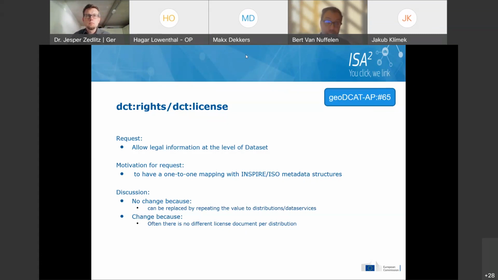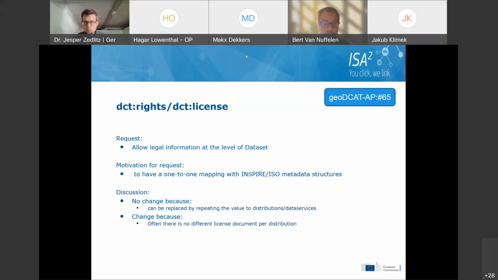So the question is, and I just want to feel the temperature because it can go to a lot of discussion either way: either we allow for it, and then we do the change to say we allow legal information as well at the level of datasets. Or we stay with the current practice of putting it at the most granular level, namely distribution, data service and catalog, where it has a concrete meaning, and the dataset is left without legal or rights statements.